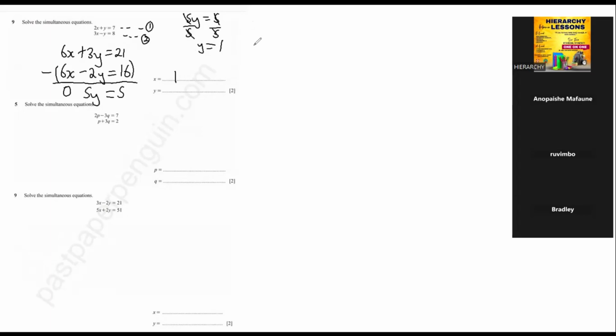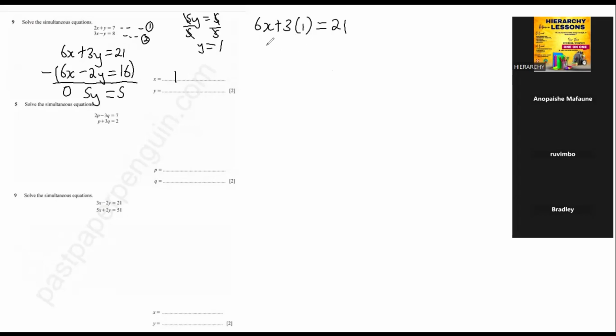To get x, we substitute 1 in one of the equations. So I would say for the first equation, it's 6x plus 3 times 1 in brackets is equal to 21, right? Yes.